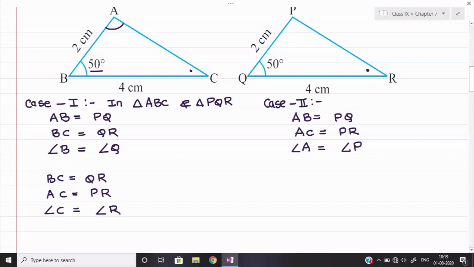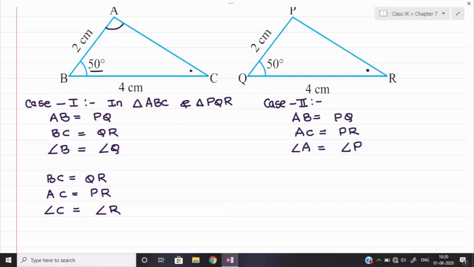Remember, any two corresponding sides could be given equal to you, but in those two corresponding sides you require the included angle between the taken sides. Suppose you are taking BC and QR equal, AC and PR equal, given in the question. Between BC and AC, which angle is coming? Between QR and PR, which angle is coming?